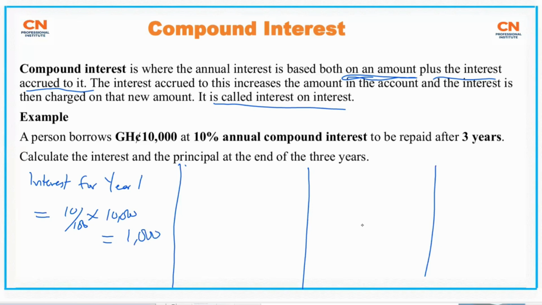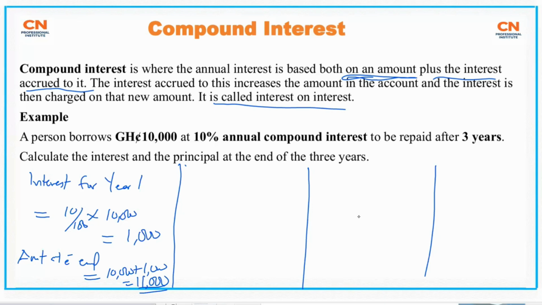So you see that amount at the end of year one will be the principal, the 10,000 plus what, the 1,000, which gives us what, 11,000. Are you following? So 11,000 here is the amount at the end of year what, one.